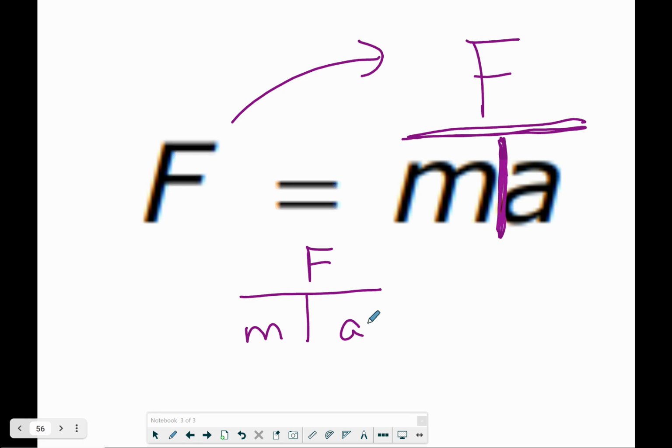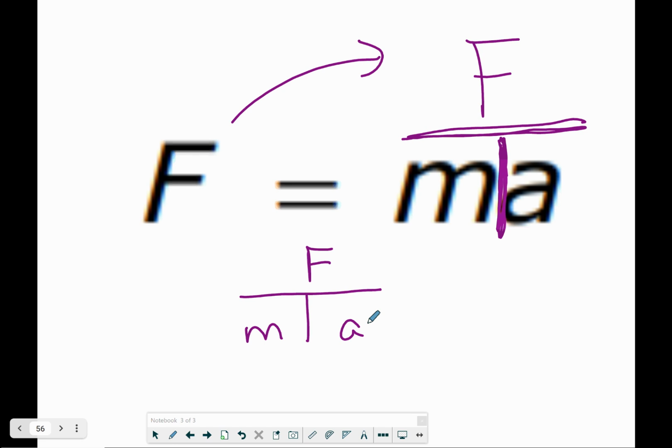Now, one of the things I want you to notice here is F is a capital letter, m is a lowercase letter, and a is a lowercase letter. Now, let's get this through your mind right now. Capital letters need to stay capital. Lowercase letters must stay lowercase.